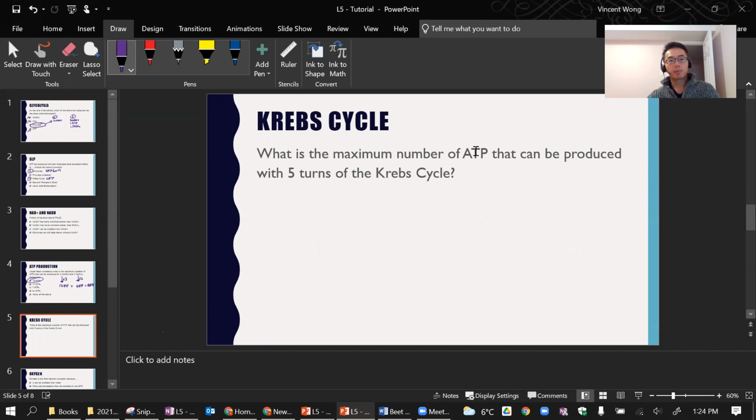What is the maximum number of ATP that can be produced with 5 turns of the Krebs cycle? When you have the answer, please put it in the chat box.